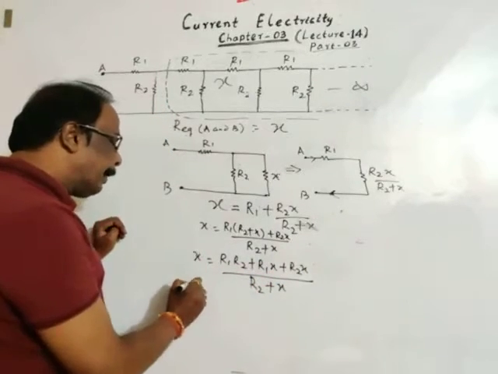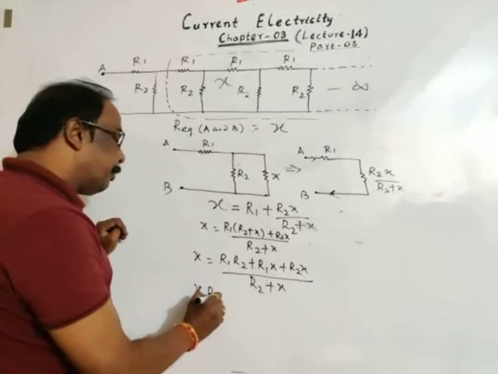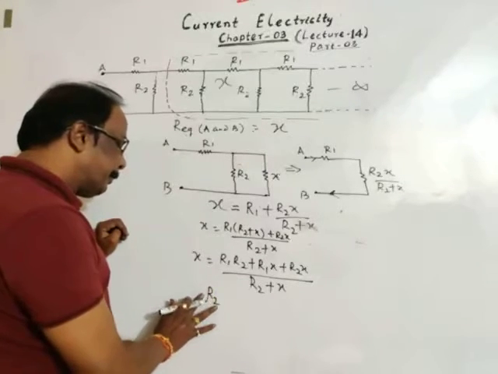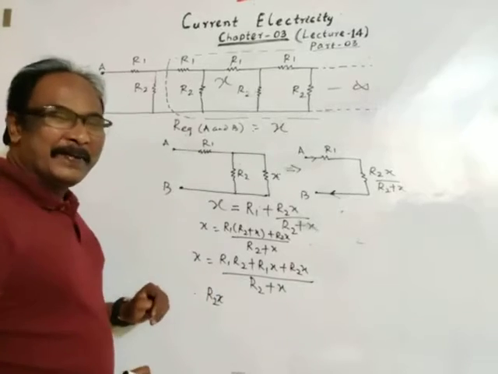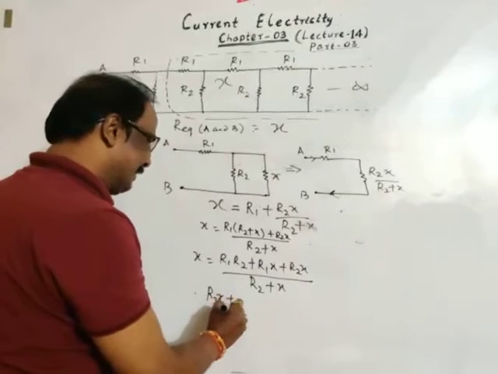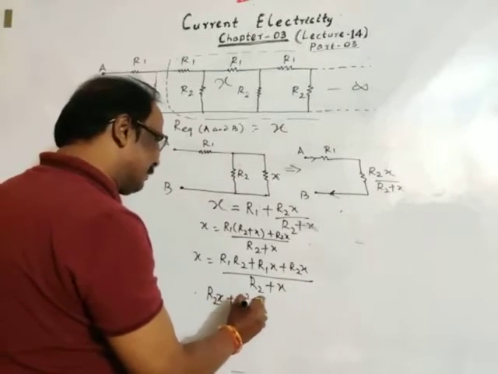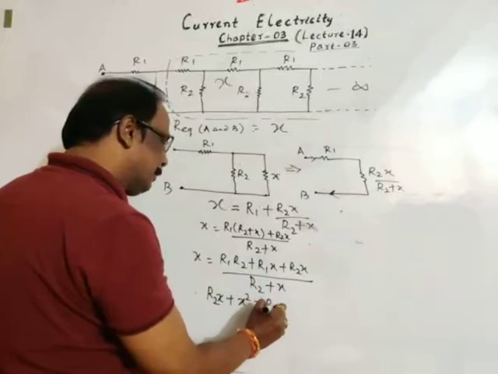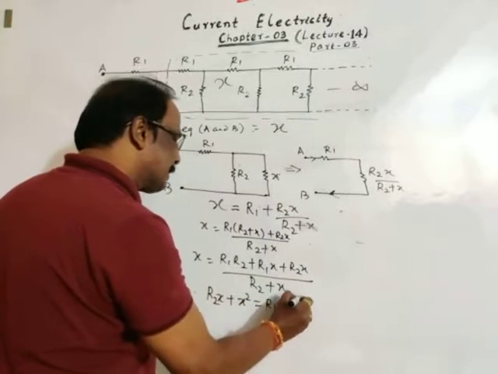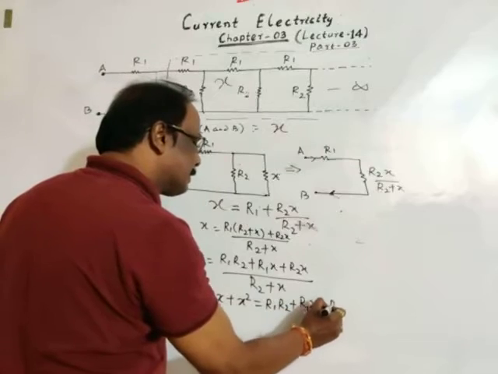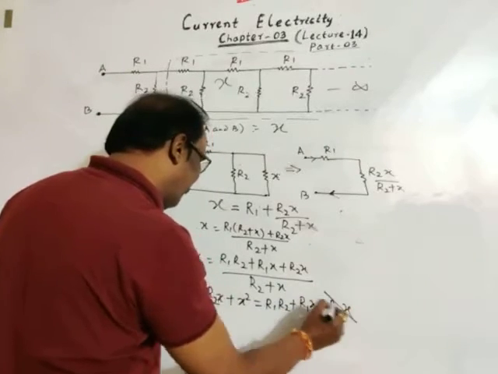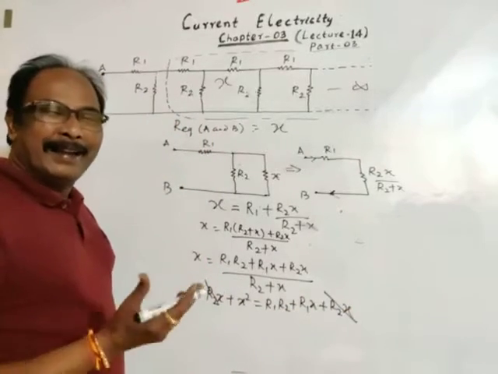Then cross multiply: X into R2, or R2X, it will look better, R2X plus X into X is X squared, is equal to R1 R2 plus R1X plus R2X. R2X gets cancelled.